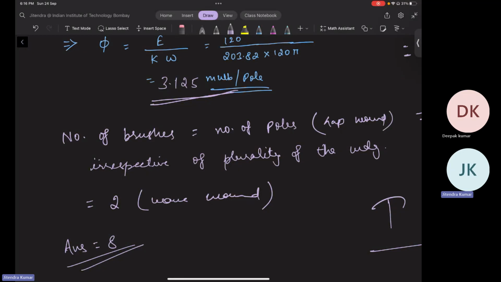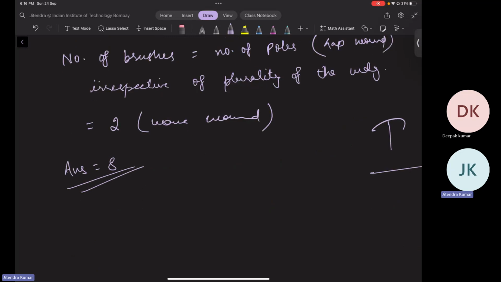But the brush should be wide enough to stretch across. Now, the number of commutator segments, how much? You have to first figure it out.